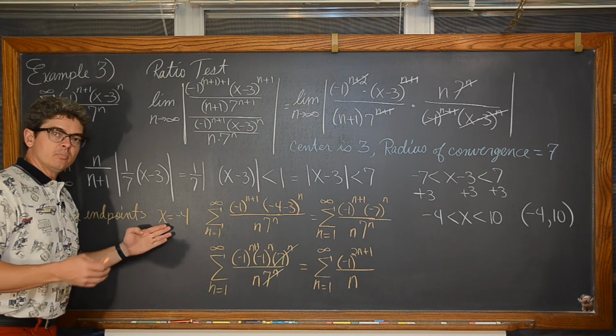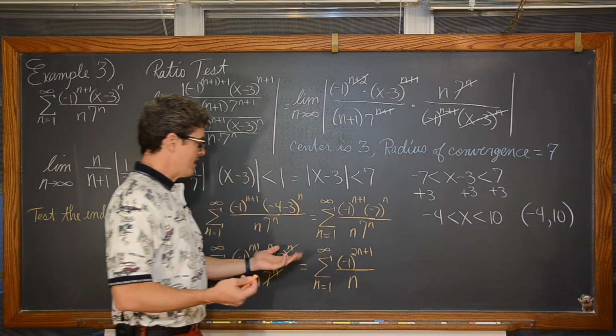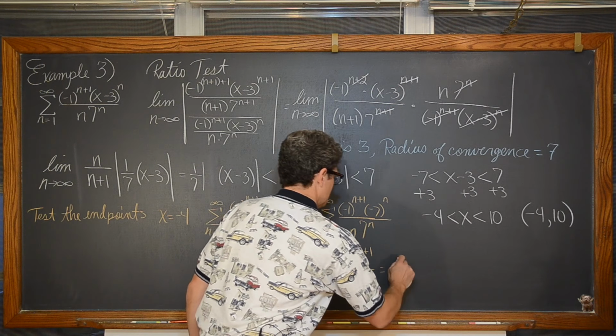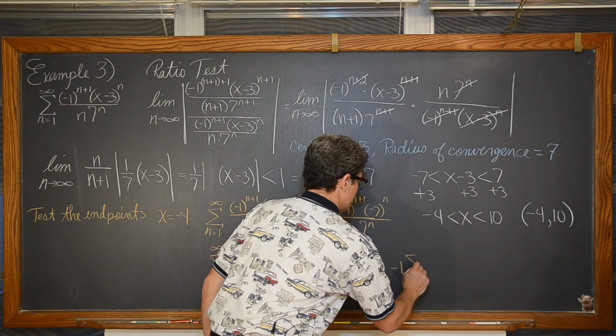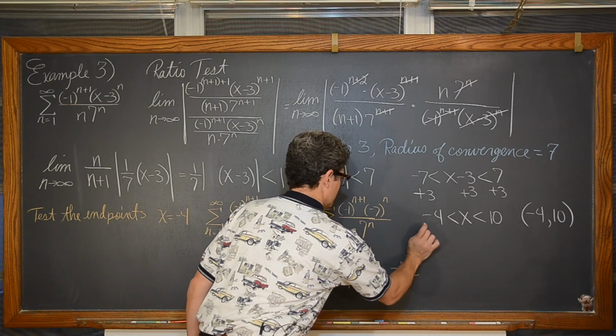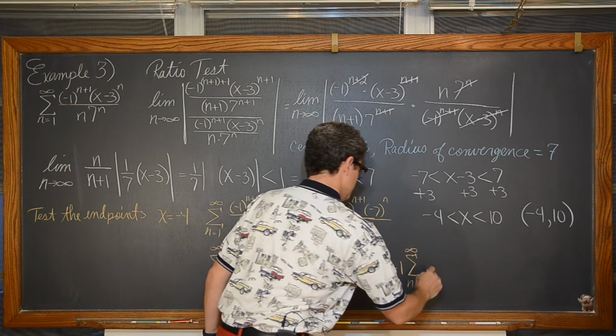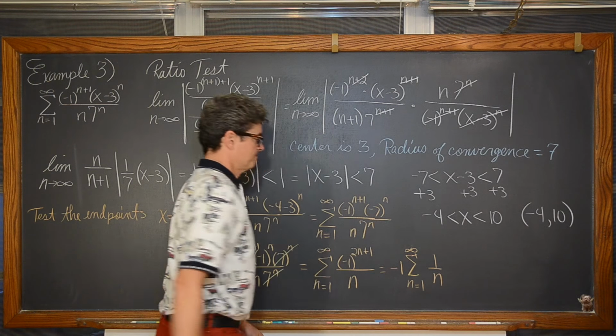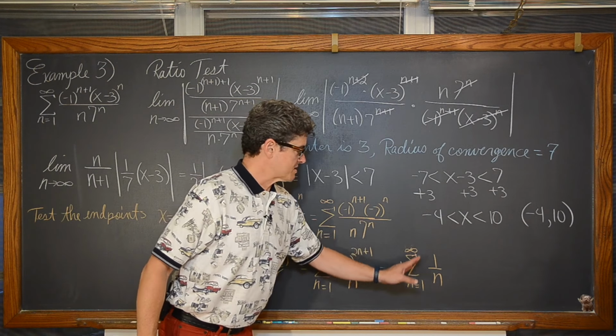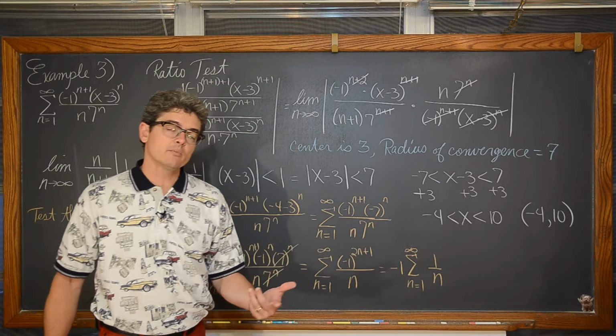But when we check the endpoint where x is equal to negative 4, we actually get negative 1 times the summation, where n starts at 1, goes to infinity, of 1 over n. So it's negative 1 times the summation of a harmonic series.